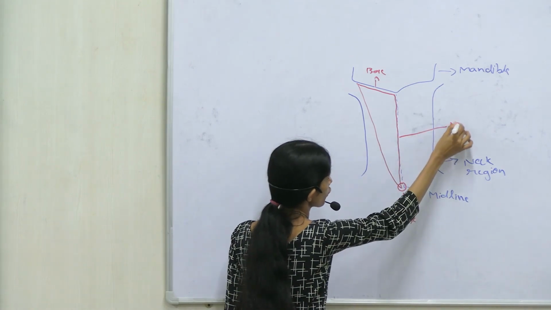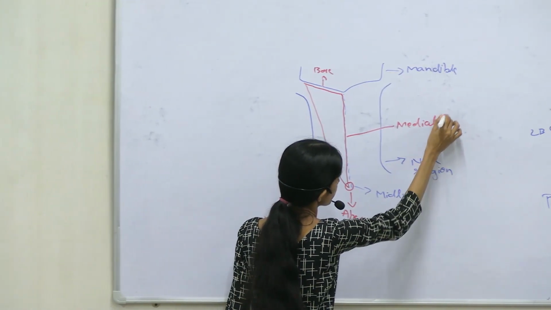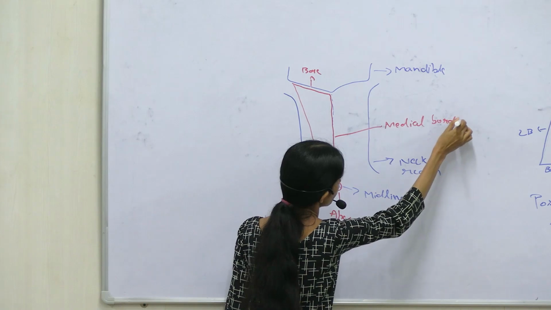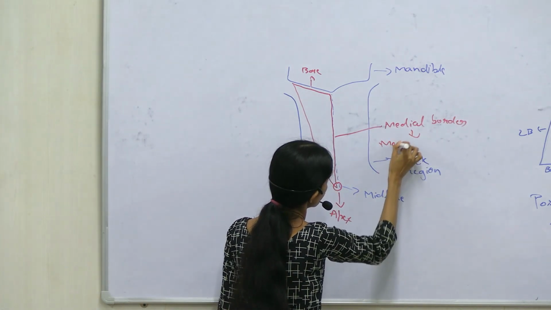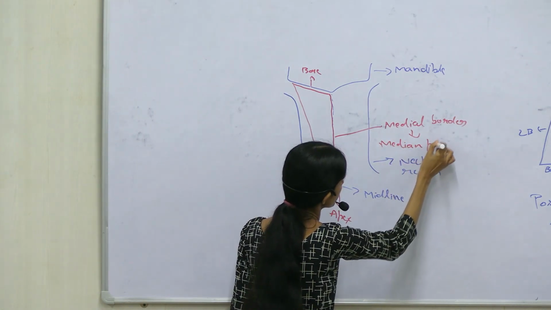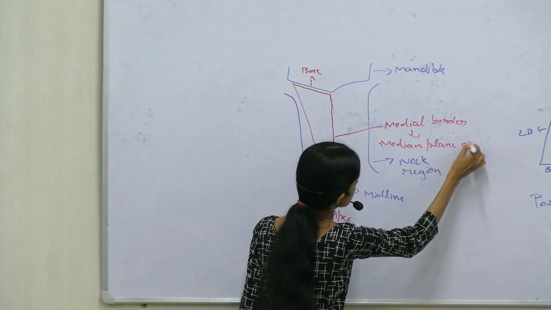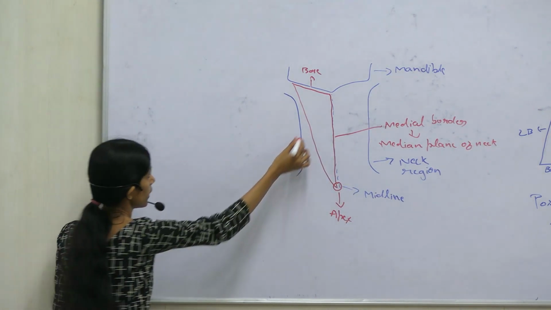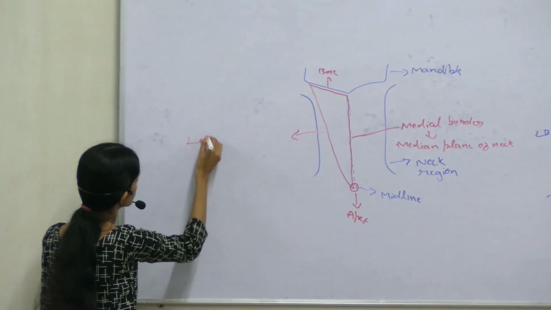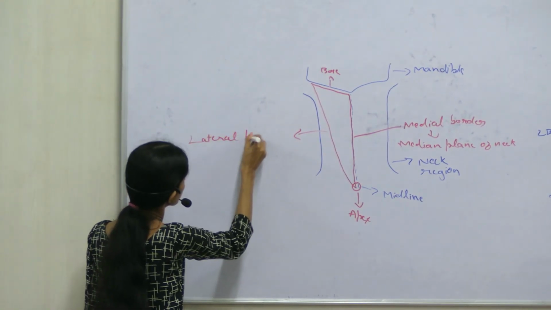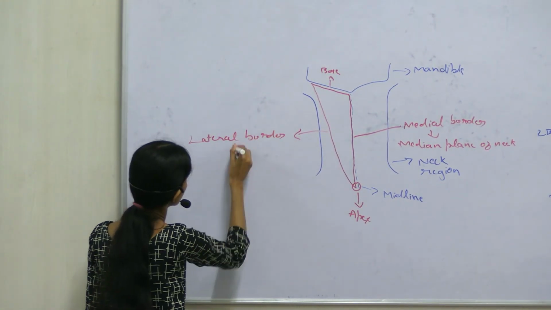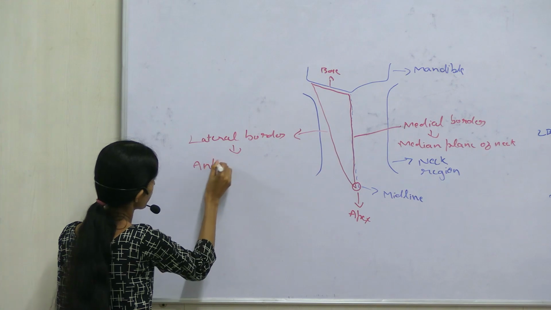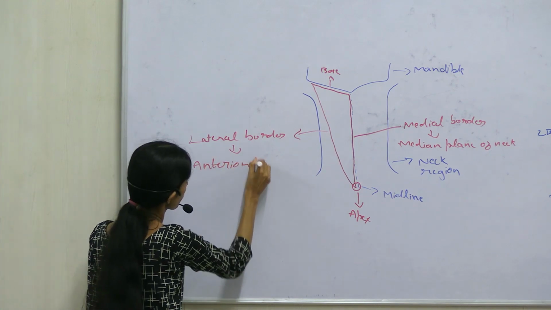Medial border of your anterior triangle is formed by the median plane of the neck. Okay, and the lateral border is formed by the anterior border of which muscle?